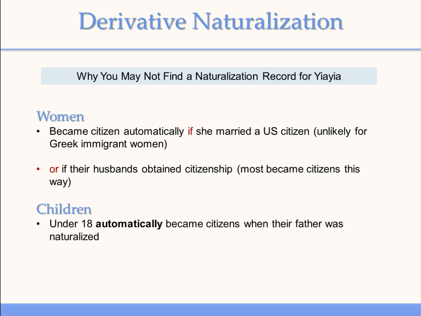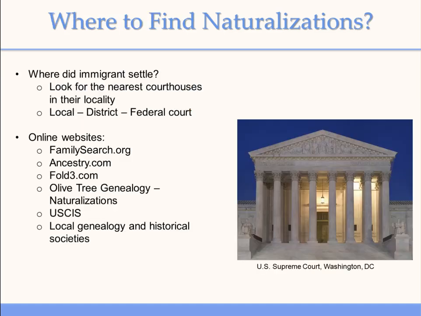Now, for many Greek immigrant women, this was not the normal case. Many of them came over because they were matched to other immigrant men who perhaps at that point had not yet become a citizen. If their husbands obtained citizenship, then they became citizens automatically under their husbands. Children under age 18 automatically became citizens when their fathers were naturalized.